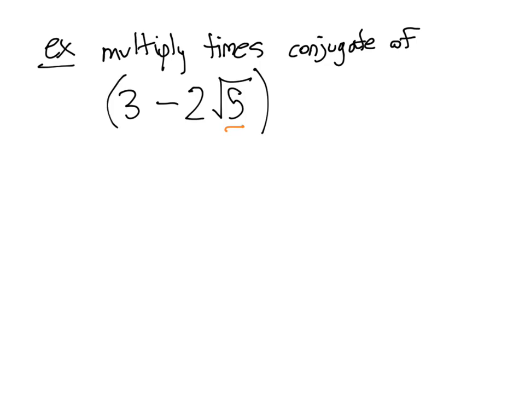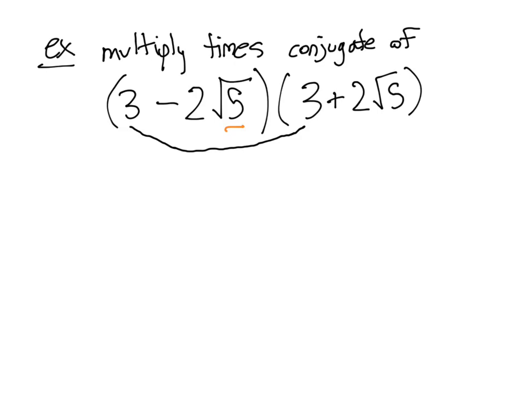So to multiply times the conjugate of 3 minus 2 root 5, we're going to multiply times 3 plus 2 root 5. We've got to distribute and multiply each term times each term. 3 times 3 gives us 9. Negative 2 root 5 times 3 gives us negative 6 times the square root of 5.